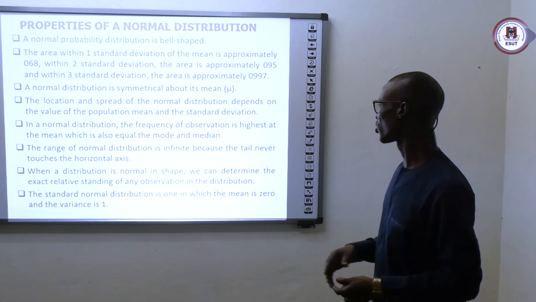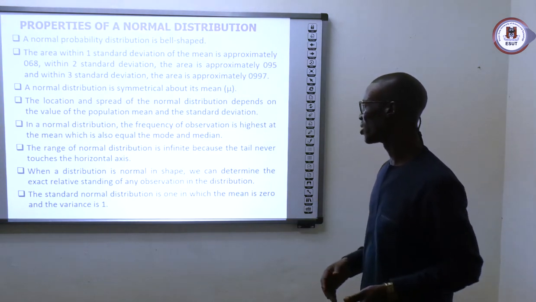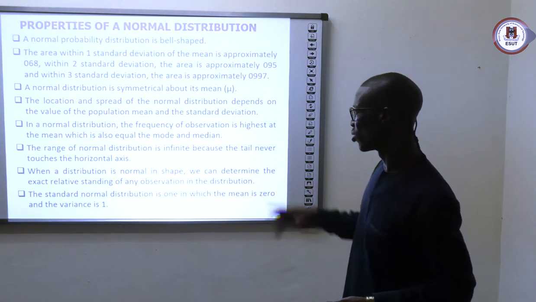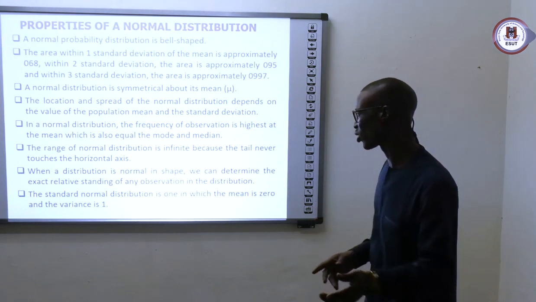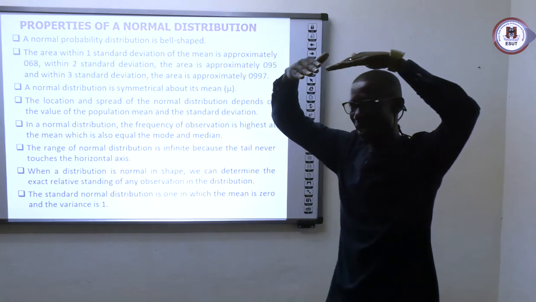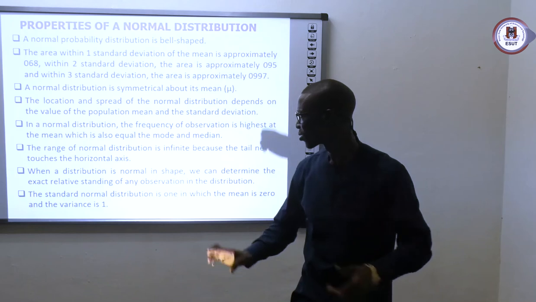In a normal distribution, the frequency of observation is highest at the mean, which is almost equal to the mode or median. The range of a normal distribution is infinite because the tail never touches the horizontal axis. Whenever you see a normal distribution, the tail never touches; it is always curved, leaving some gap there.